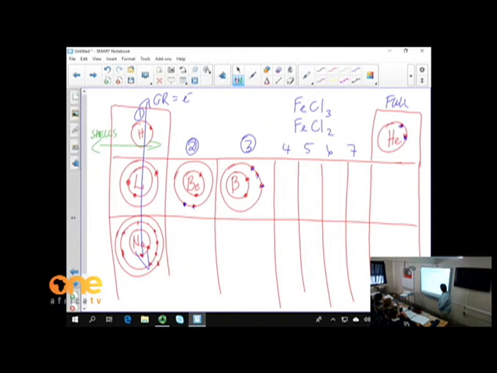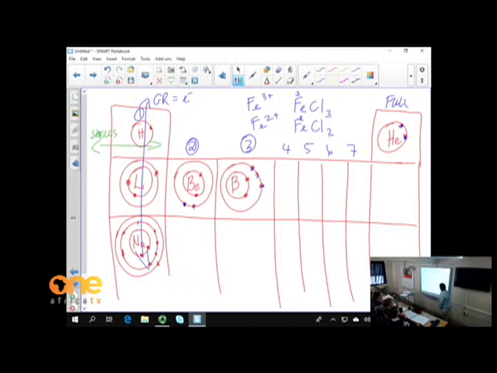And they are chemically different from each other for the simple reason that this iron makes 3 bonds, so it has 3 bonding places, and that iron makes 2 bonds, so it has 2 bonding places. In other words, if I broke up the ions, that one is iron 3+, and that one is iron 2+.